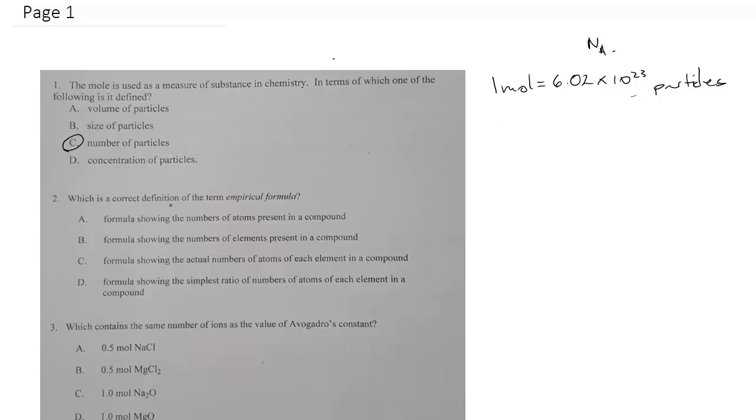Okay, so question 2, which is a correct definition of the term empirical formula? So remembering, before we even answer the question, that for empirical formula, say we have the molecular formula of glucose.